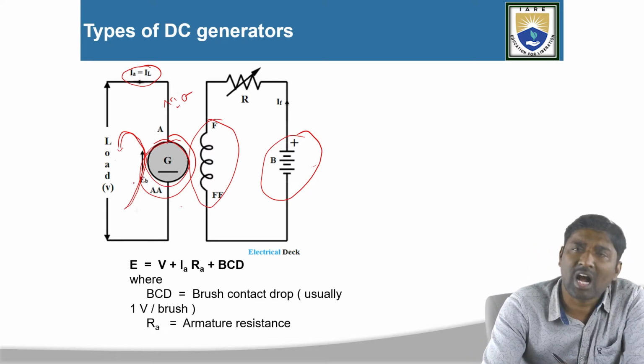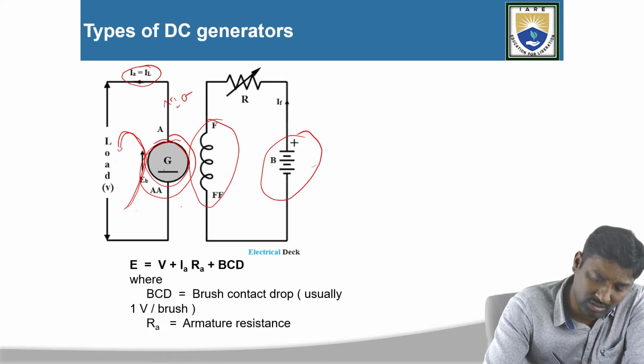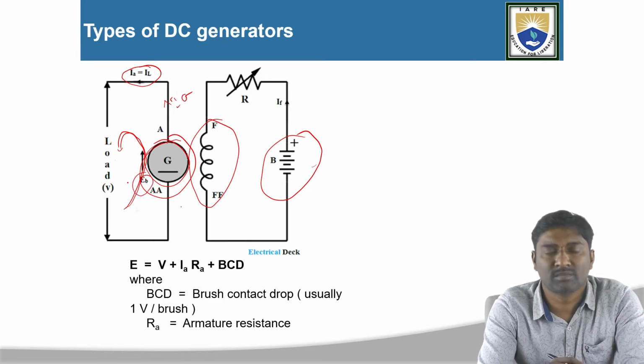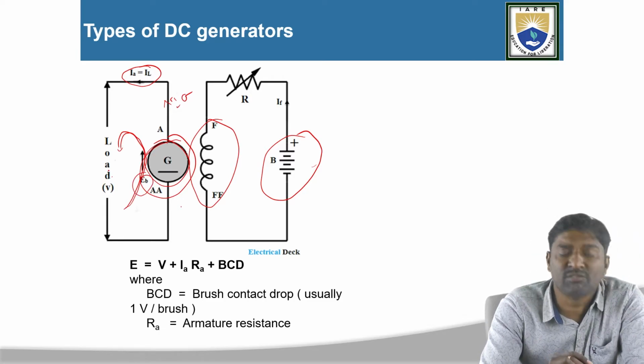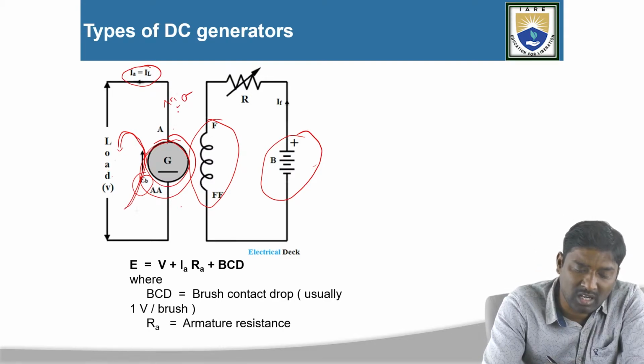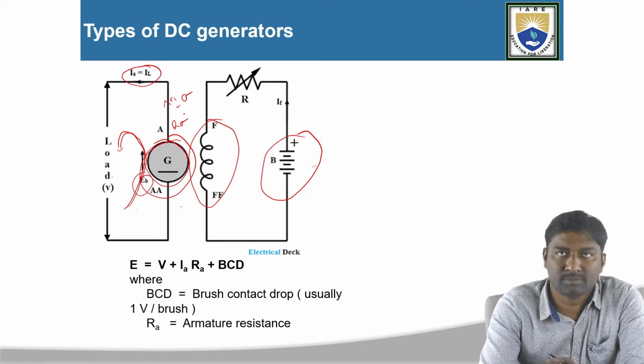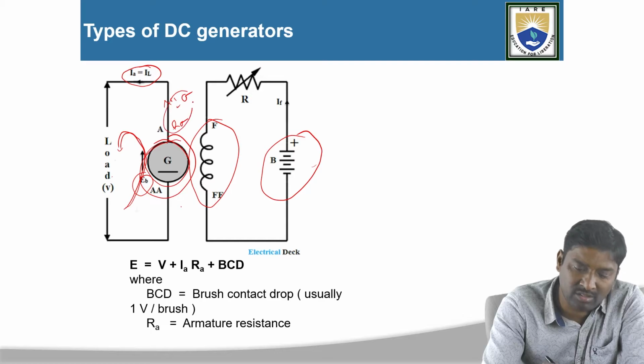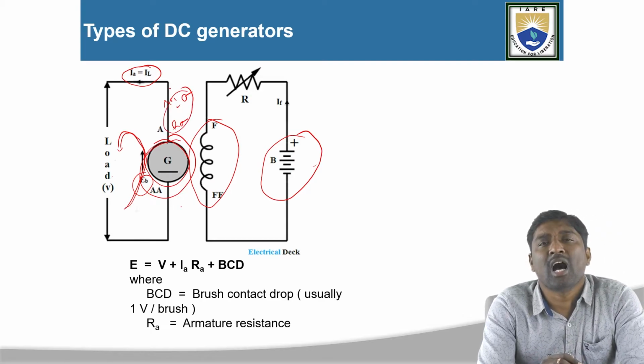According to that, the induced EMF generated in the armature winding is E, the load voltage is V, the armature current is I suffix A, and the armature resistance is RA. Then IA into RA is nothing but the armature resistance drop.